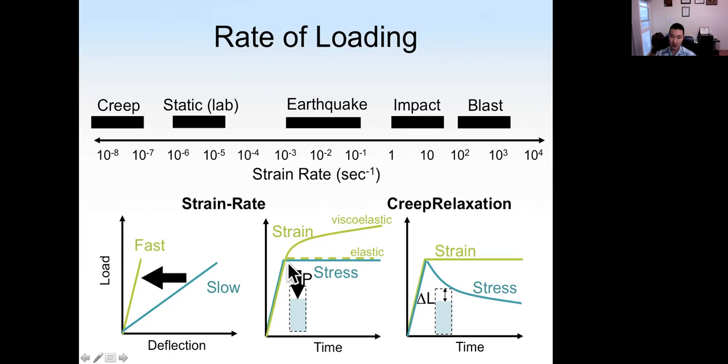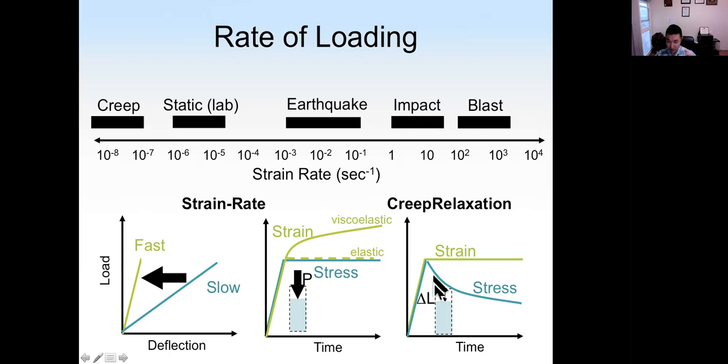But for viscoelastic materials such as concrete, the strain will slowly go up because the viscous component will be time dependent. And we call that creep. Creep means under the same load, the strain will slowly go up.